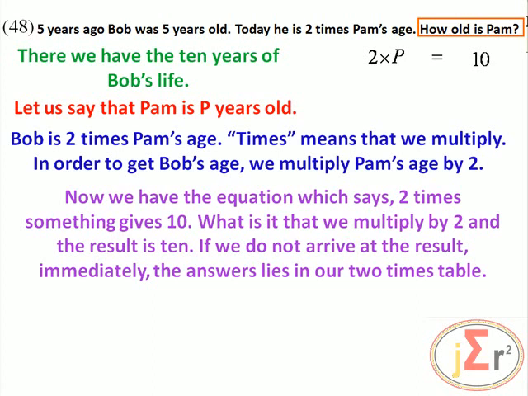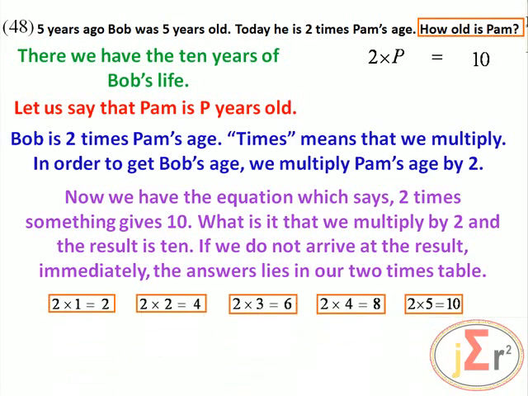In our 2 times table, Jerry, what number do we multiply by 2, and the result is 10? 5. Right, the answer is 5. 2 ones 2, 2 twos 4, 2 threes 6, 2 fours 8, 2 fives 10.